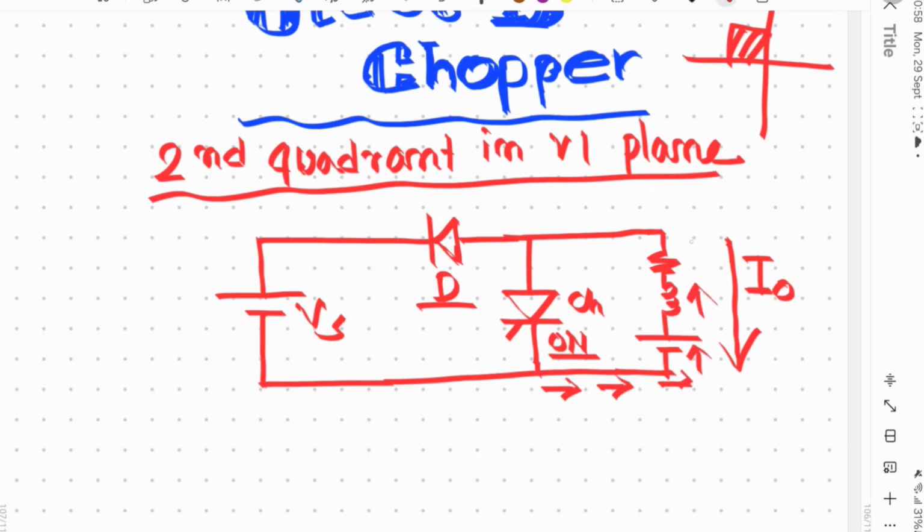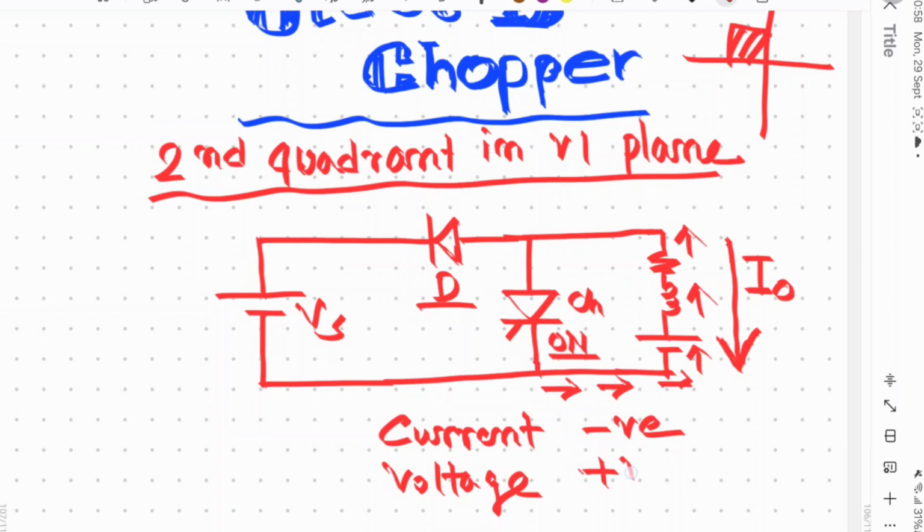That is opposite to the desired direction. So current is negative, but voltage is positive. From this we can say this achieves second quadrant operation in the VI plane.